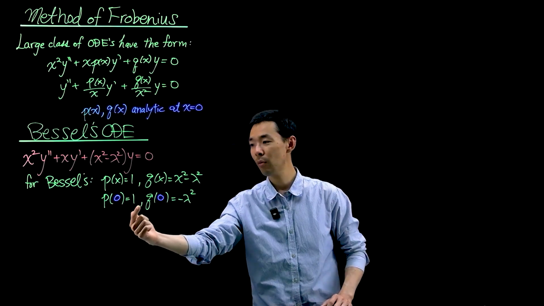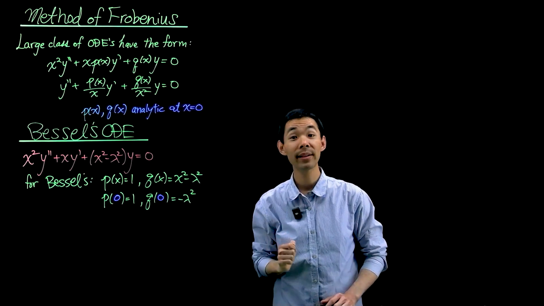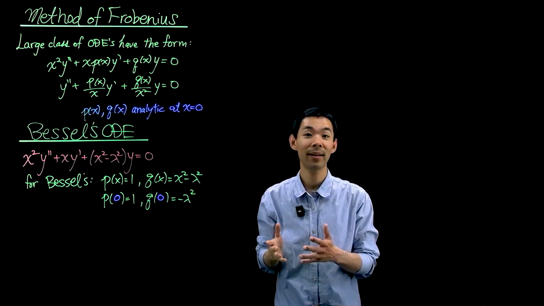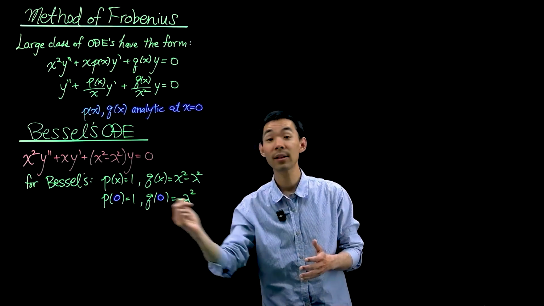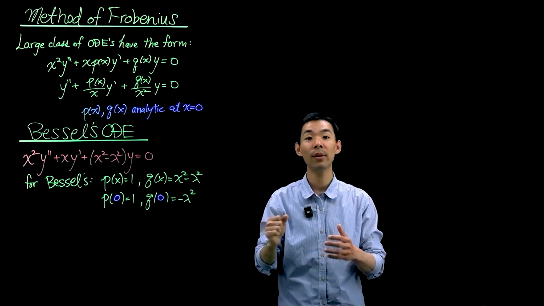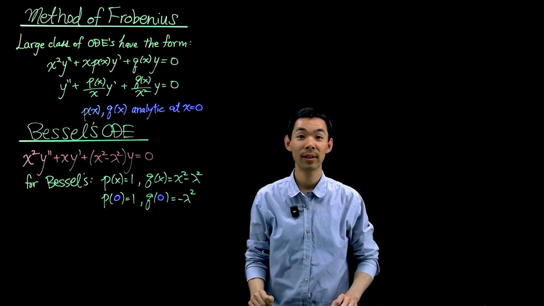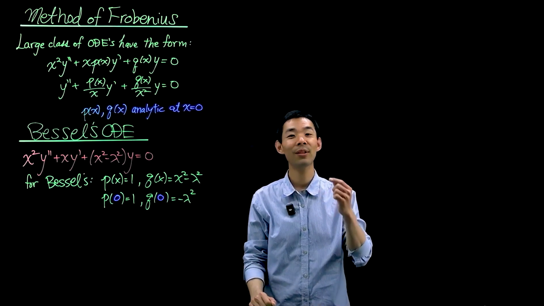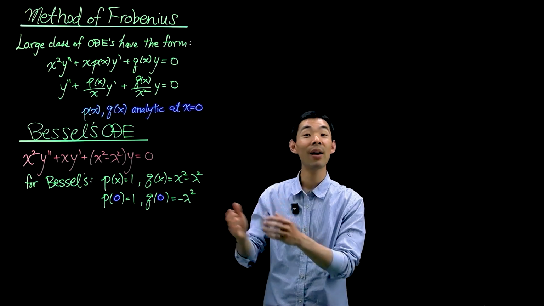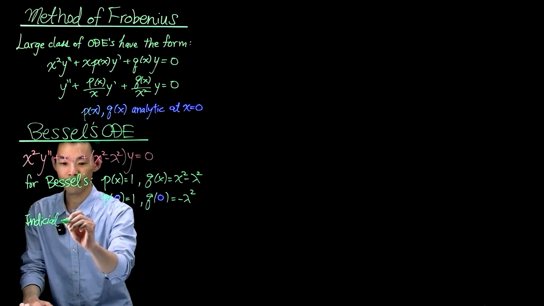Clearly, P of 0, 1, and Q of 0, minus lambda squared, are analytic. In other words, neither of these are infinity. So both of these P and Q aren't diverging to plus or minus infinity at the value of x equal to 0. Therefore, we can continue with the Frobenius series, and we can write down our indicial equation.